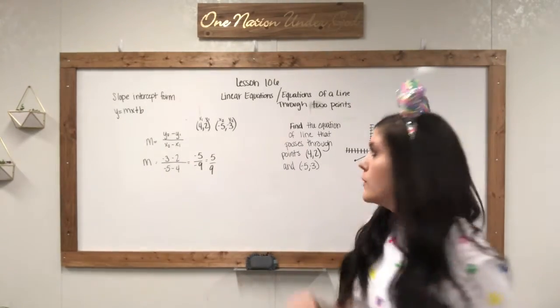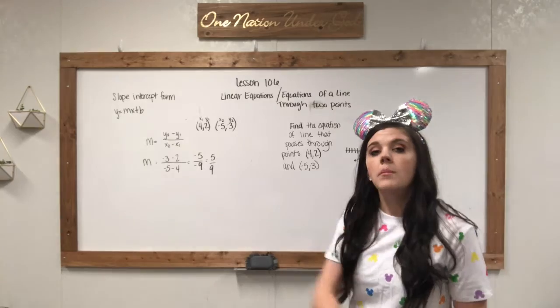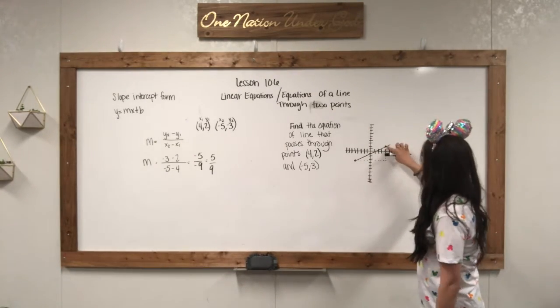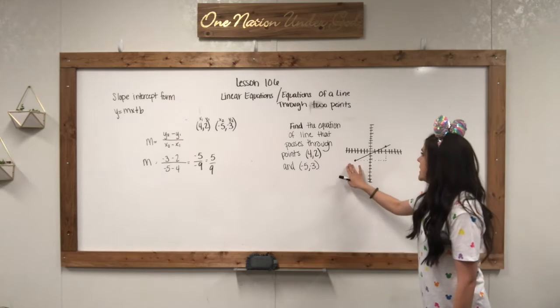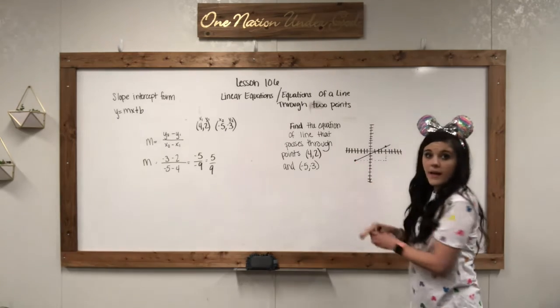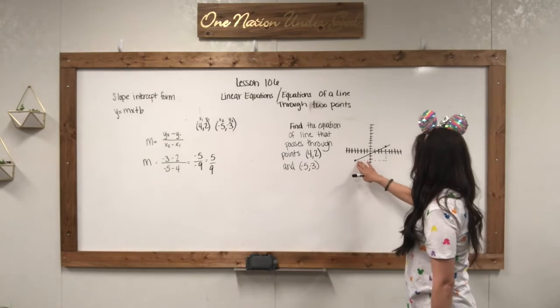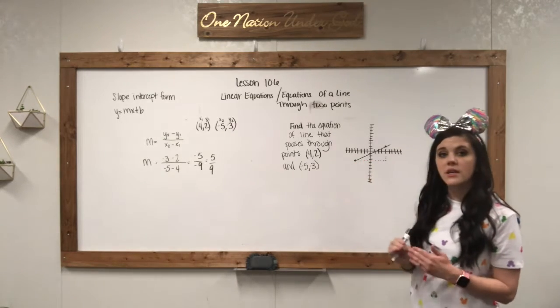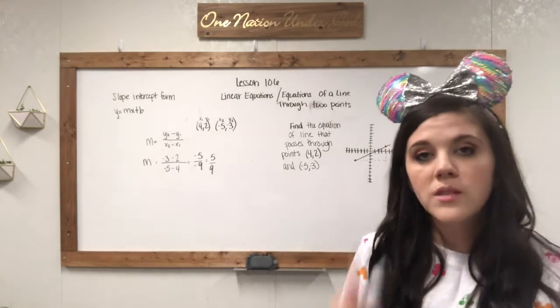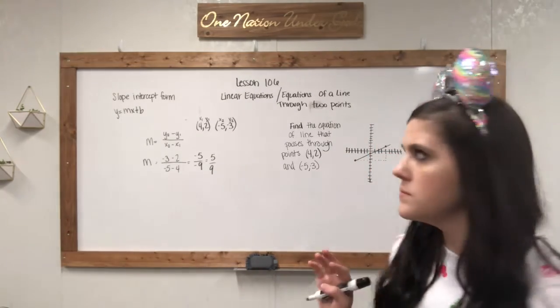So I'm going to have to use this other method. But you could plot the points. So I've plotted (4, 2) and (-5, -3). Then I could create a line, and then I could count how many units it goes up and then over, and that would give me my slope. So that's one way that you could do that.